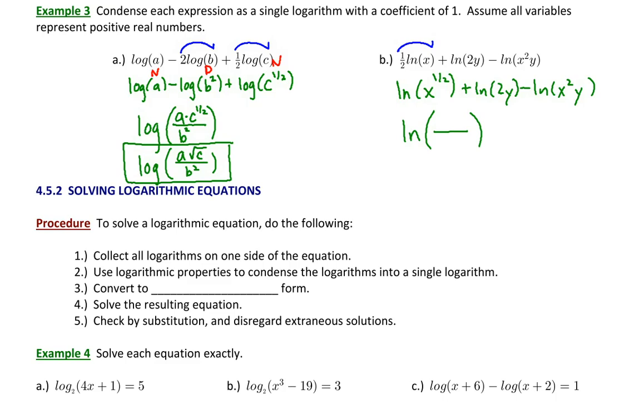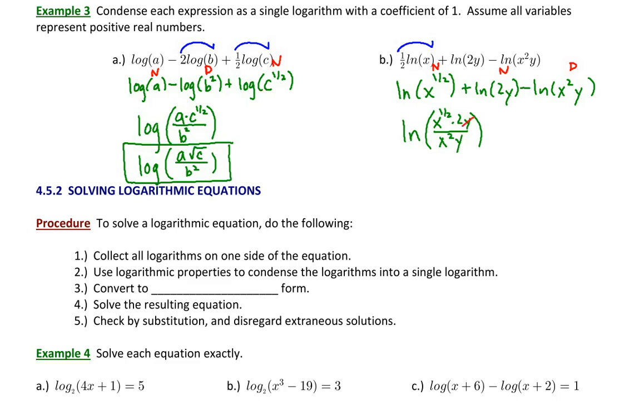If the argument comes from a positive logarithm, it's ultimately going to land in a numerator. So we'll have x to the 1/2 and 2y in the numerator. But if the argument comes from a negative logarithm, that argument will land in the denominator for our condensed logarithm. So in the top, we're going to have x to the 1/2 times 2y, and in the bottom, we'll have x squared y. Now, our logarithm is completely condensed, but our argument does need to be simplified.